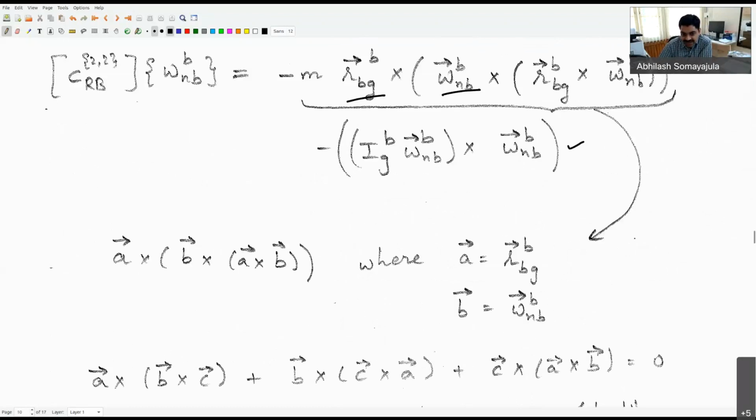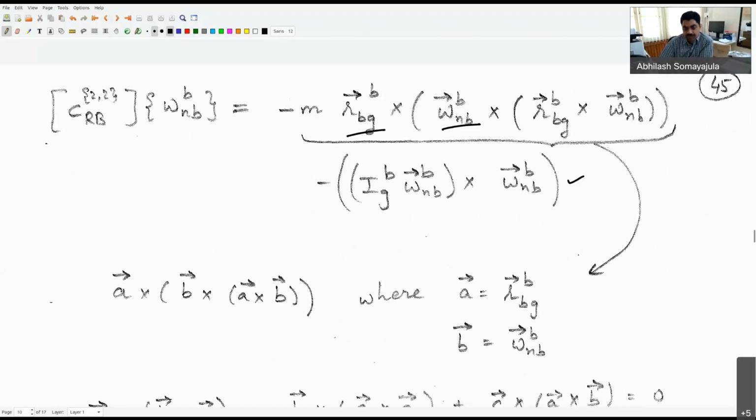Now, this top term is what I want to simplify a little bit. In order to make it easier to write down, I'm going to represent this R vector as A and omega vector as B. So can I say that this product is nothing but A cross B cross A cross B?